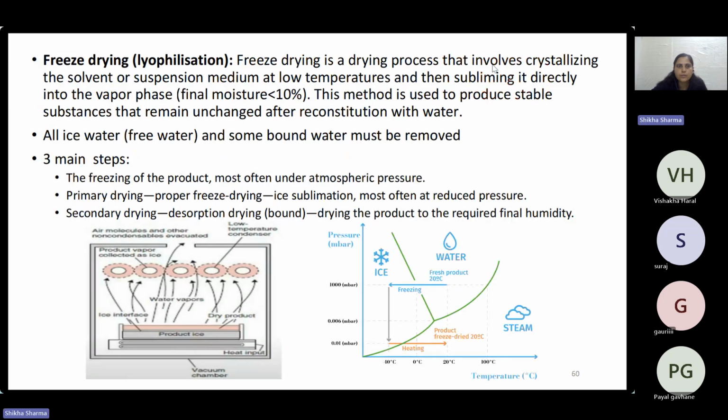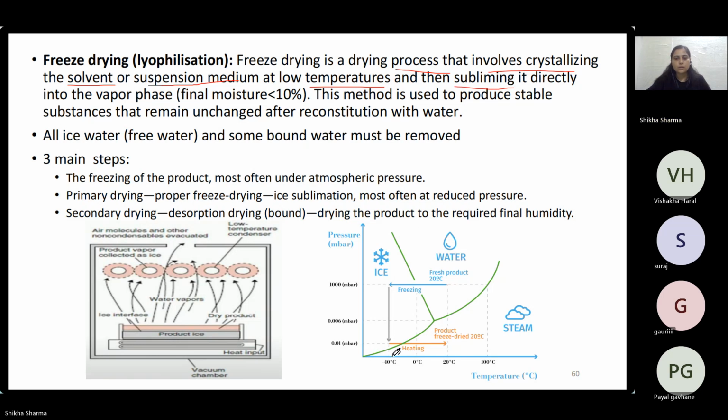So freeze drying, which is also known as lyophilization, is basically a drying process which involves crystallization of the solvent or suspension medium at low temperature and then sublimation. So what happens here?